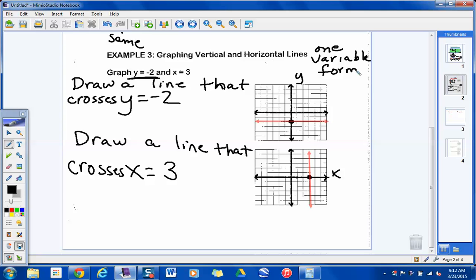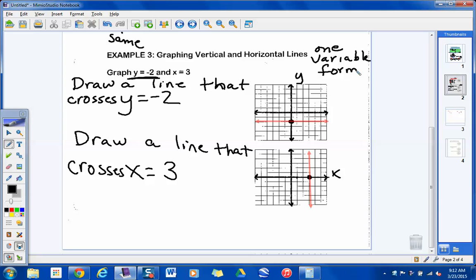If I count right 3 and up 1, this point is 3 comma 1, right? If I count right 3 and up 3, 3 comma 3. If I count right 3 and up 5, 3 comma 5. What do you notice about all the x values in that point? They're all 3's, right? So that's the equation that you've satisfied right here. Yeah, but I don't understand why the lines go different ways.